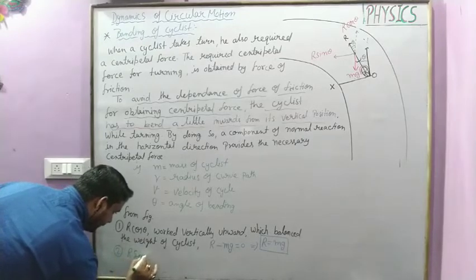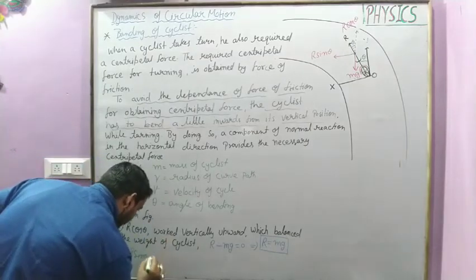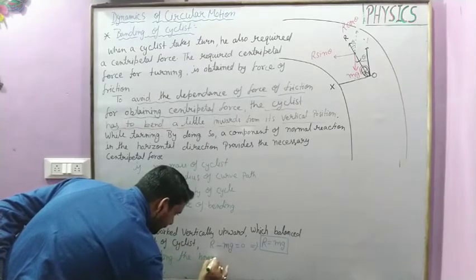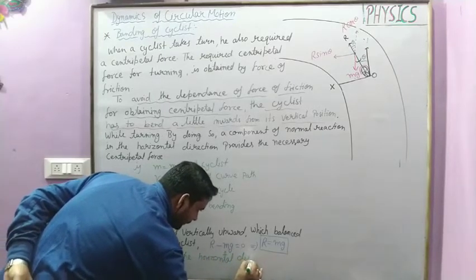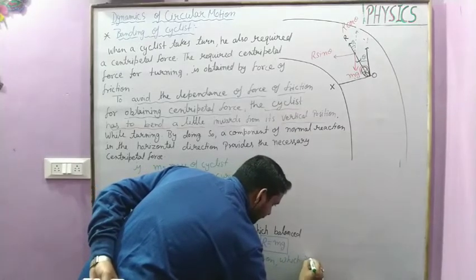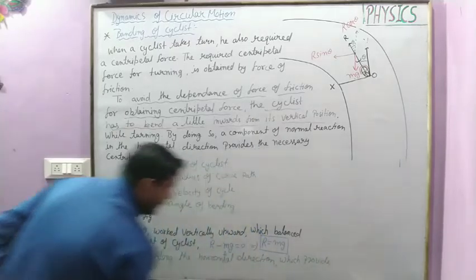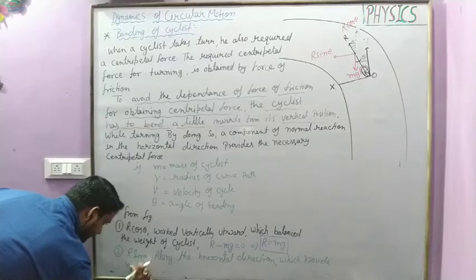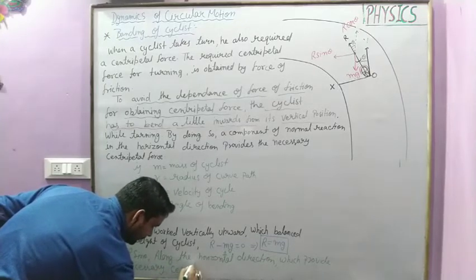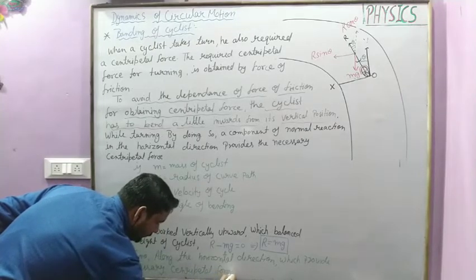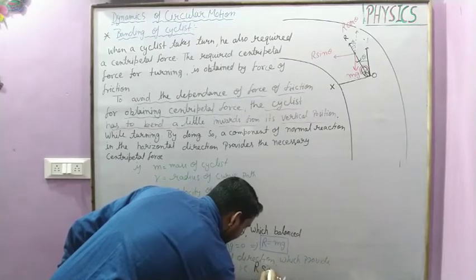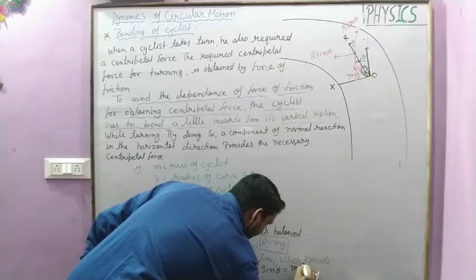And second, R sin theta, along the horizontal direction, provides the necessary centripetal force, that is, R sin theta is equal to mv square upon r.